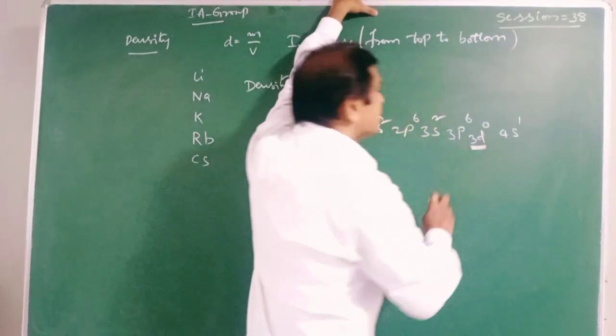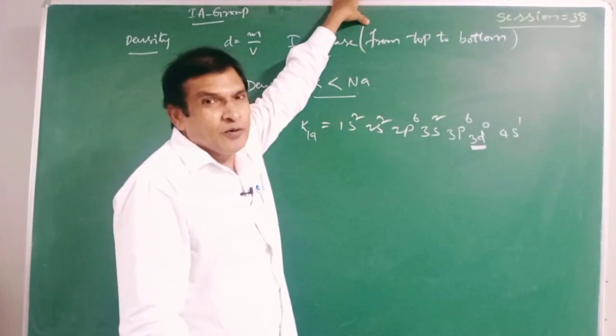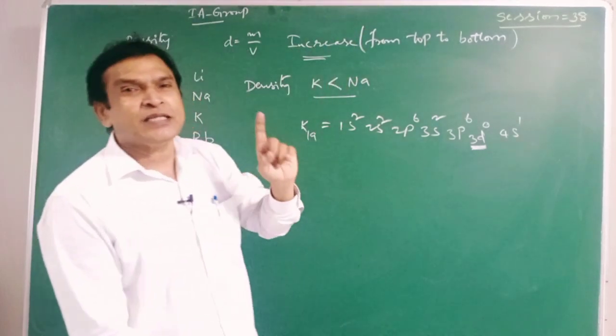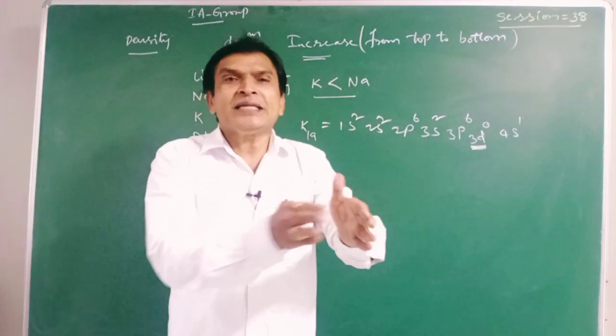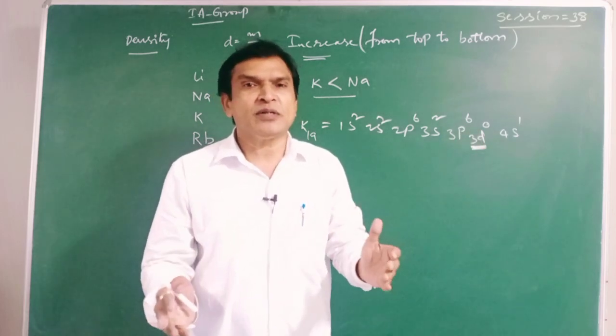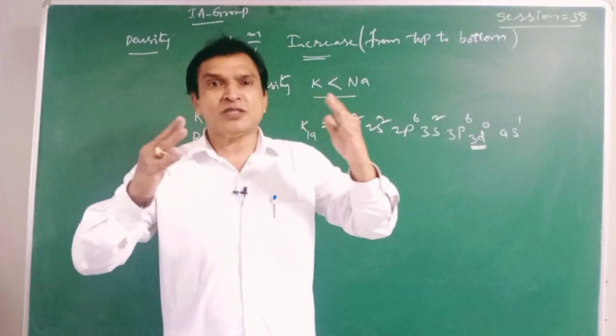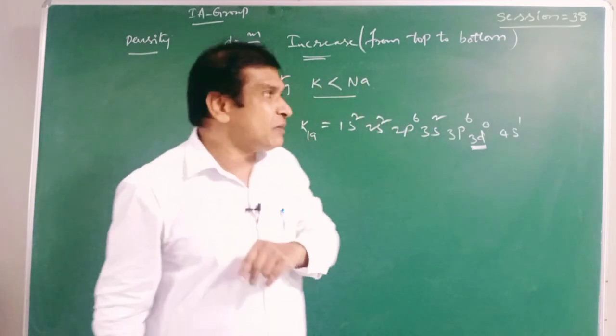This attributes to the lower density of potassium. You got it? That is the important point. Due to the vacant 3d orbital, the atomic volume of potassium is greater. That is why its density is less.